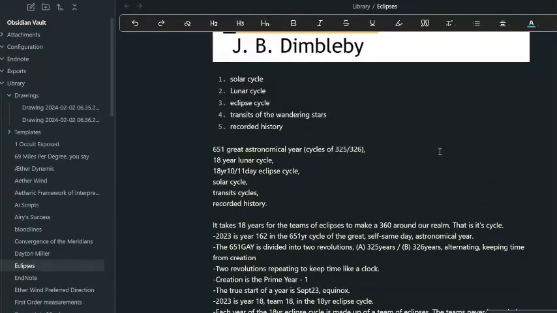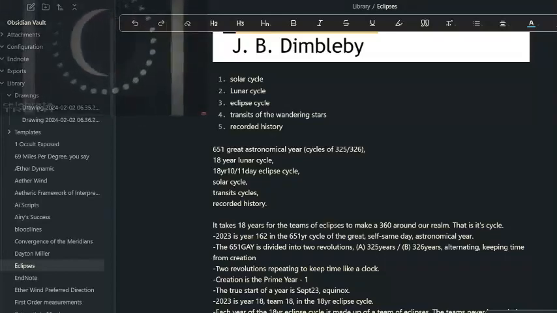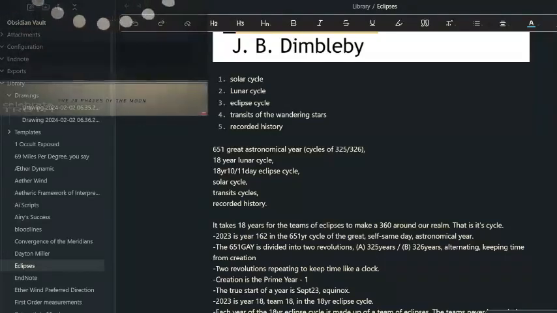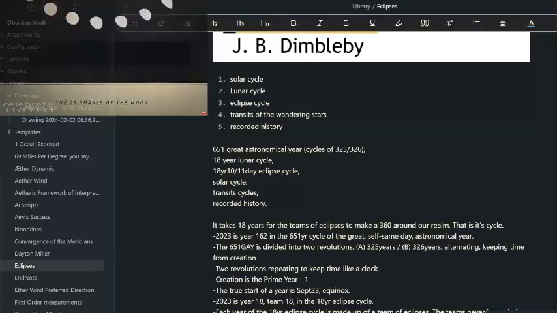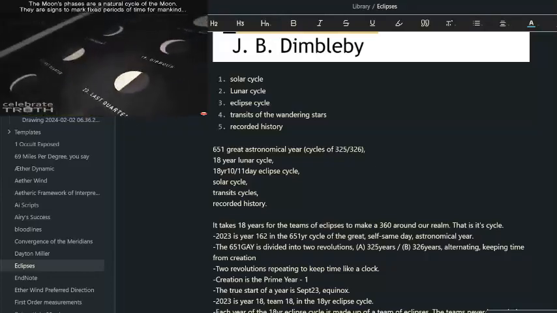So, five astronomical lines of time, ways to keep time: solar cycle, lunar cycle, eclipses, transits, very important, and then you have recorded history and all the stuff that we have. We have a 651-year great astronomical year, also referred to as a GAY, G-A-Y, in here.